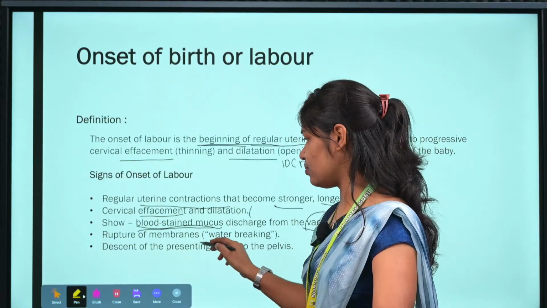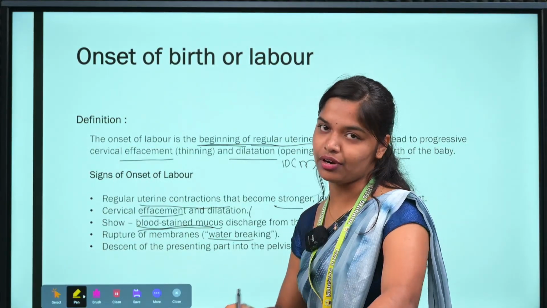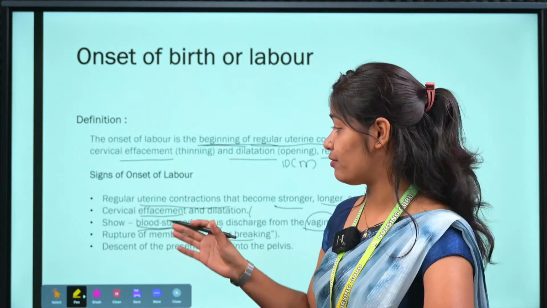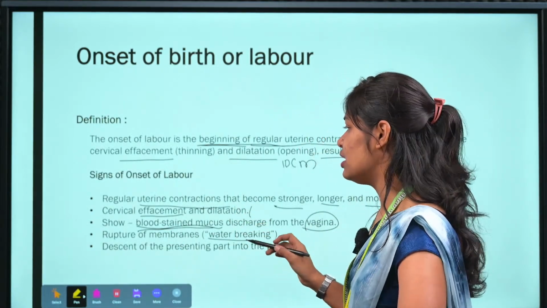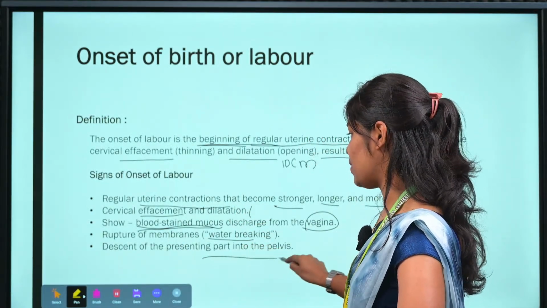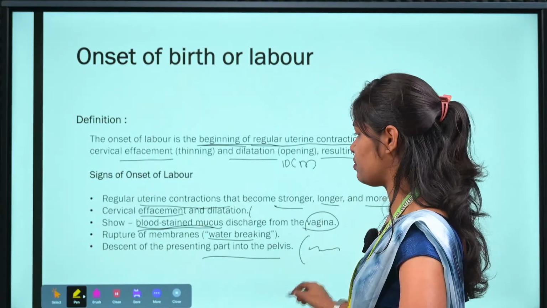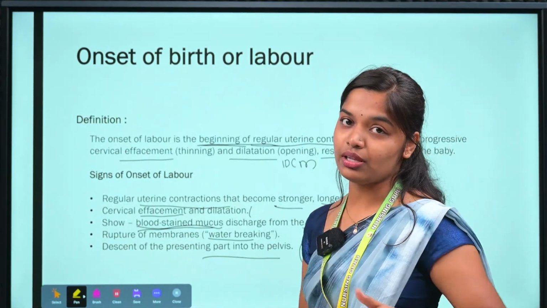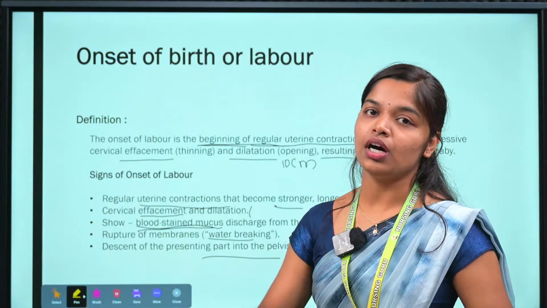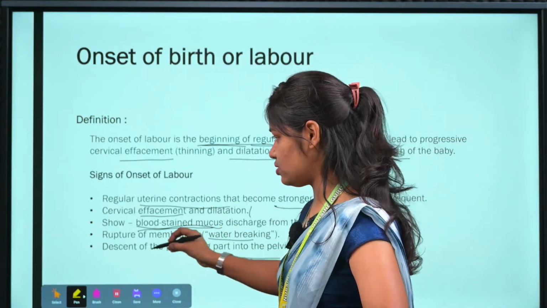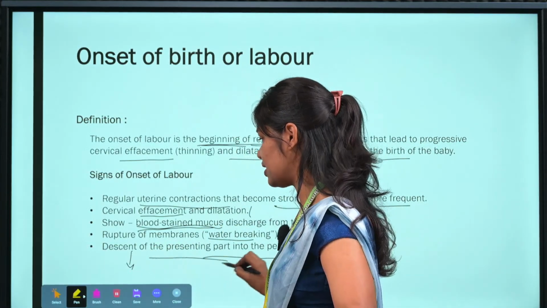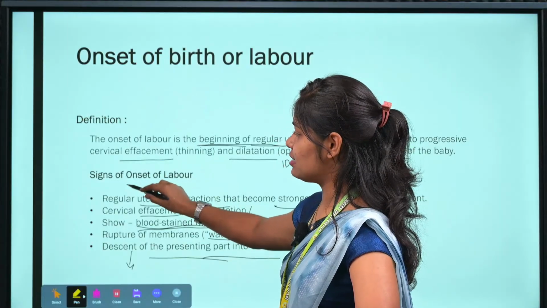Then rupture of the membrane: the watery discharge breaking from the uterus is what we call rupture of the membrane. Then descent of the presenting part, whether cephalic or breech presentation, whichever part is presenting is going to descend. Those are the signs of onset of labor.